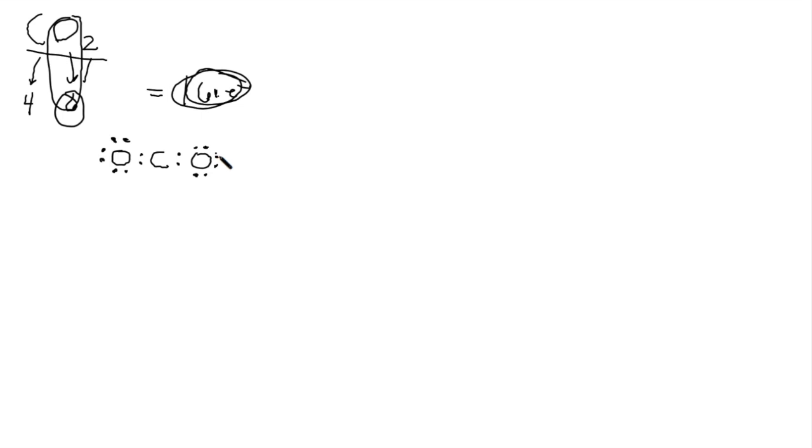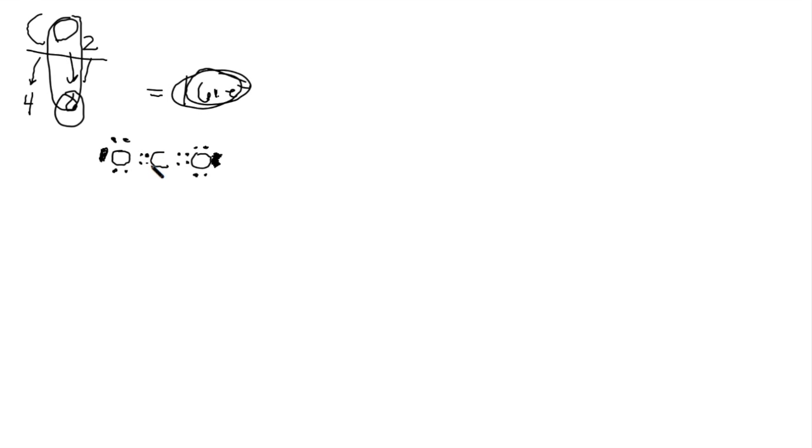So what we're going to do is take these non-bonded electrons here. See these ones on the outside? We're going to bring them in to the inside to share them with the carbon, and these create double bonds with the electrons.